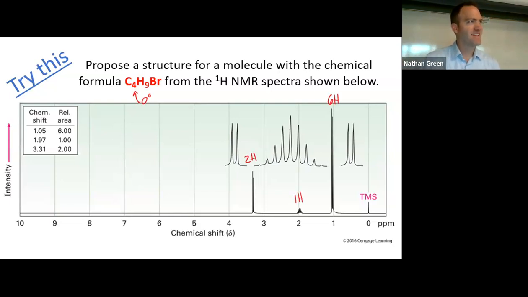Just a good gut feeling. You are correct. The reason you're correct is because you can add to 6. 3 hydrogens and 3 hydrogens adds up to 6 hydrogens. So a way you can get to 6 H's over here is a CH3 and a CH3. How many neighbors do those CH3s have? 1.